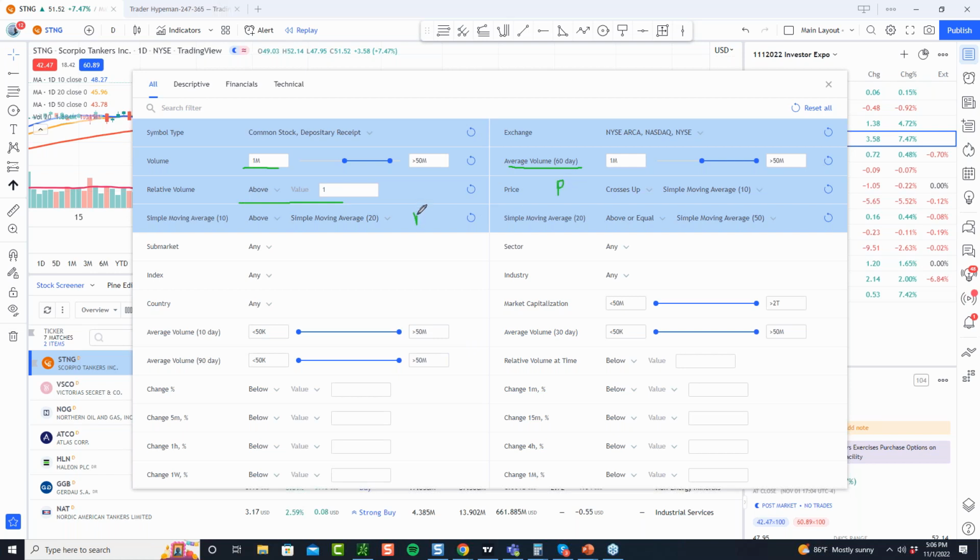You've got a cross of the 10-day, you have the 10 above the 20, okay, then you have the 20 above the 50. So it's asking for more criteria, so you're going to get less matches, right? You're asking for more specific patterns or specific filter settings, so you're going to get less, right? That filter has more steps. So we're going to have 7, okay?